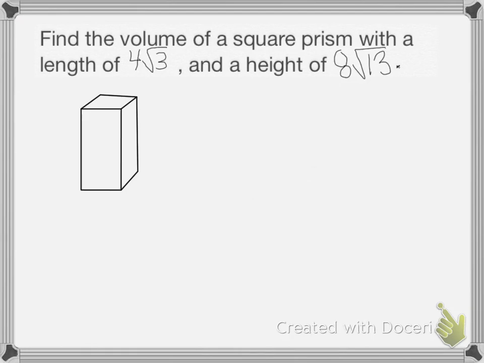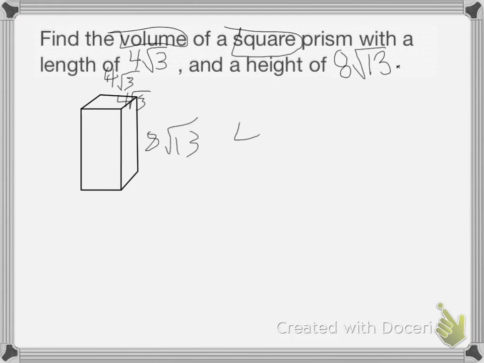Alright, so now let's find the volume of a square prism. And so it'd be 4 square root of 3. And then this side will also be 4 square root of 3 because it's a square. And then the height is 8 square root of 13.